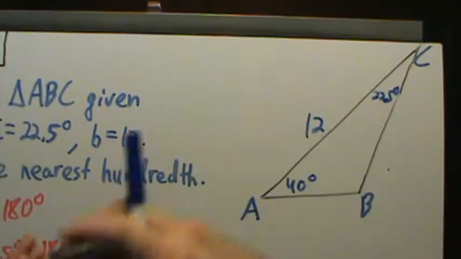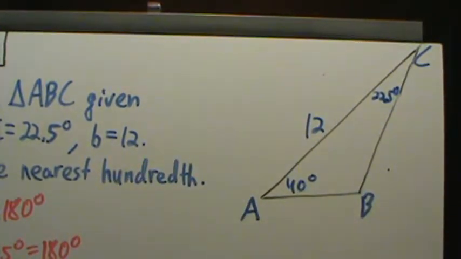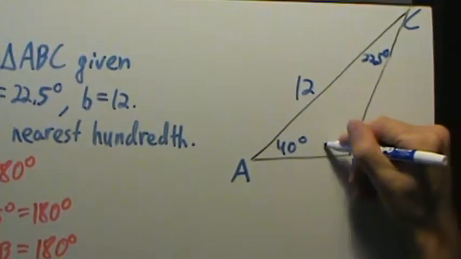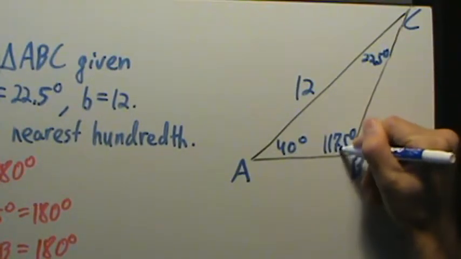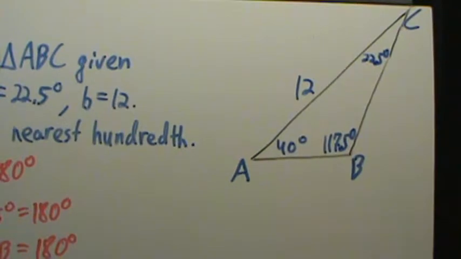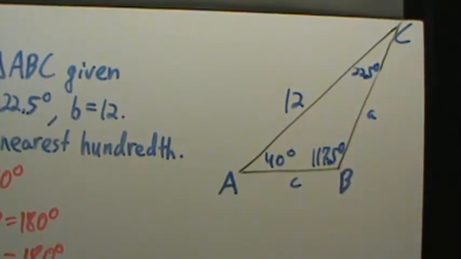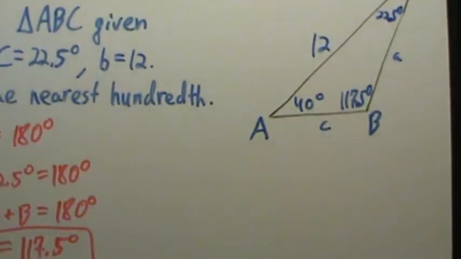Now, what did we just find? We found that B is 117.5 degrees, so we can label that. We don't really have to, but why not? Now we need to find little a and little c. And how are we going to do that? Exactly like we did with example 1, we're just going to use the law of sines.